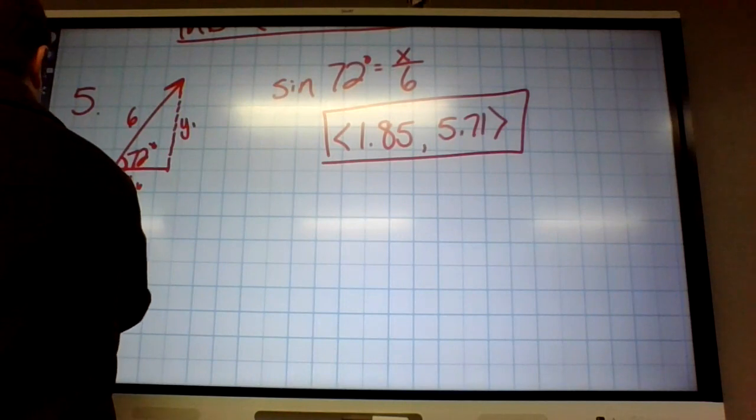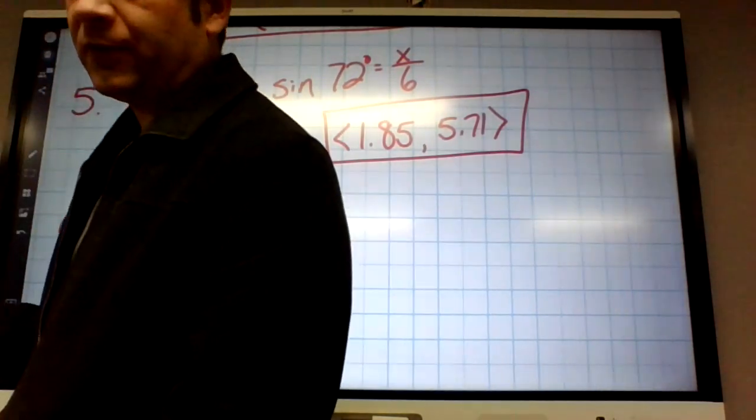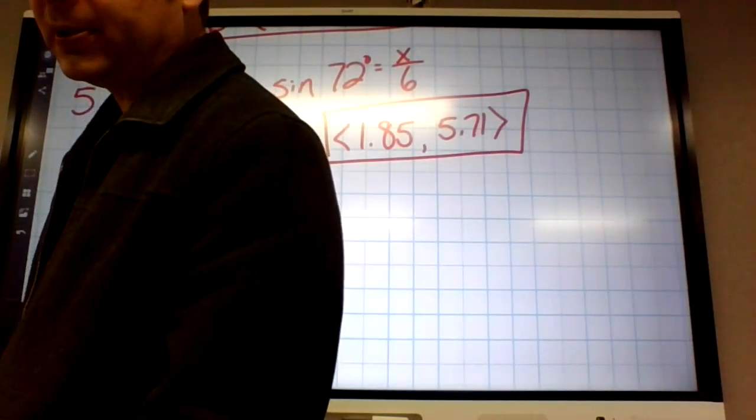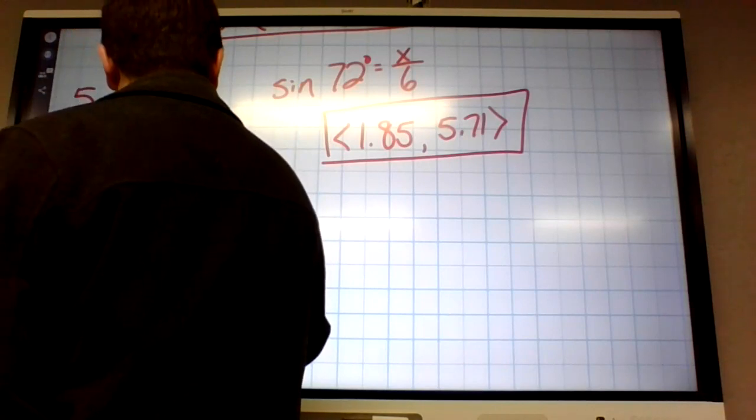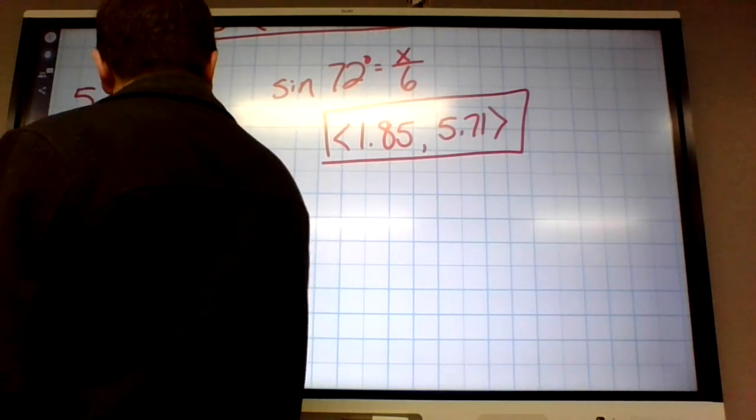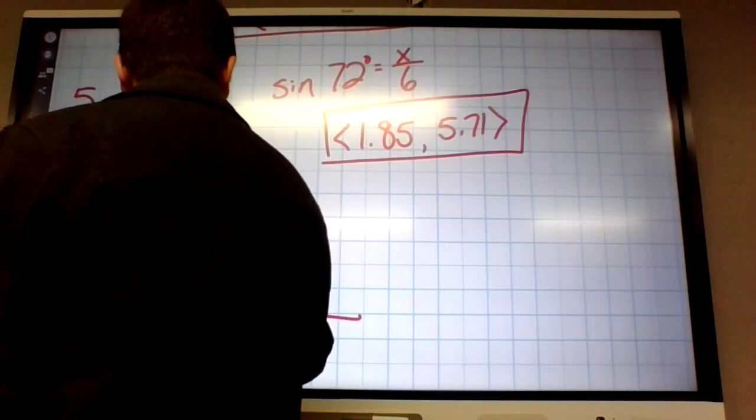So on 6, the picture says 140 degrees, but the length is 8. So 140 would be about like that, right?